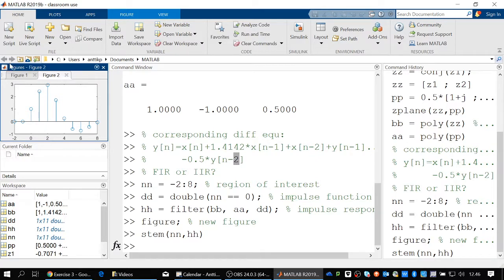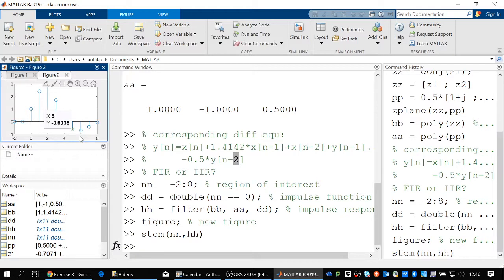So the question is, is there any non-zero values after the second order delay, which is here? When the index is 3, we have a non-zero value already there and more to come.